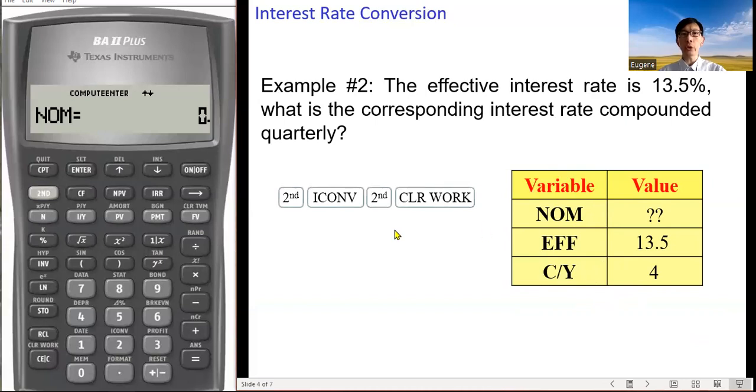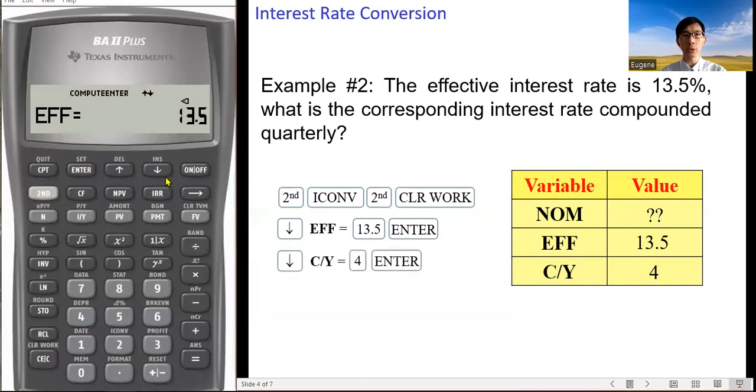Activate the interest conversion worksheet and key in the effective interest rate. The variable EFF is 13.5. Press enter. And then press the down arrow key to get to the variable CY. CY equals 4.